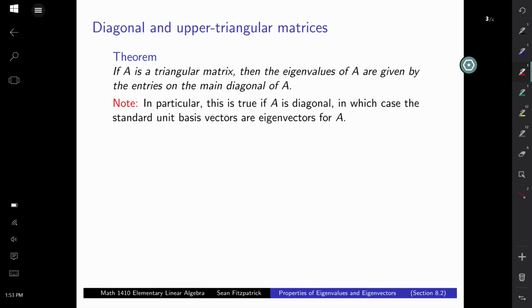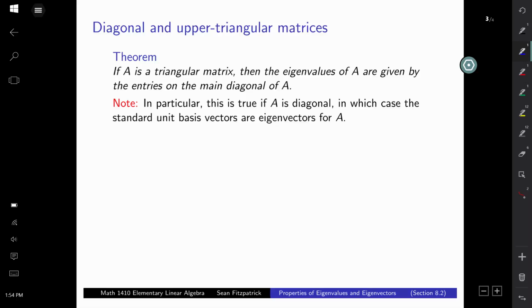So the diagonal entries on a triangular matrix are the eigenvalues, right? So if you have a matrix which is similar to a triangular matrix, well, you know the eigenvalues for the triangular matrix. Similar matrices have the same eigenvalues. So as soon as I know that my matrix is similar to a triangular matrix, I know the eigenvalues for my original matrix. Okay. So we can see how similarity could be useful here in the context of determining eigenvalues and eigenvectors.